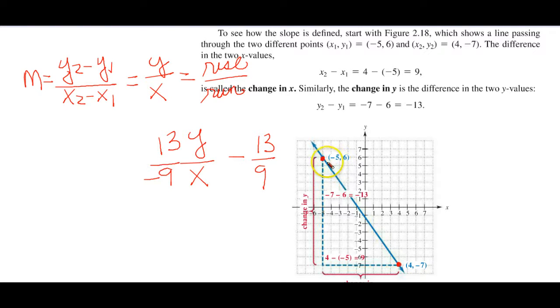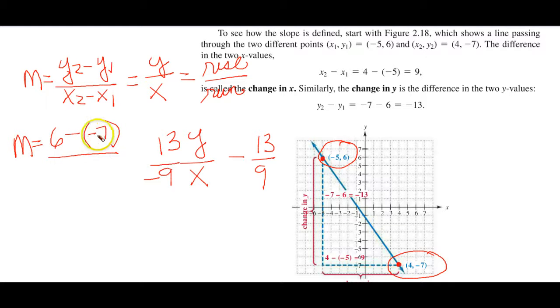Now if I use this ordered pair here, and this ordered pair, and put it into my equation, now I'll use these as my negative 2 here. So this is going to be 6 minus, and this is a negative 7 here.